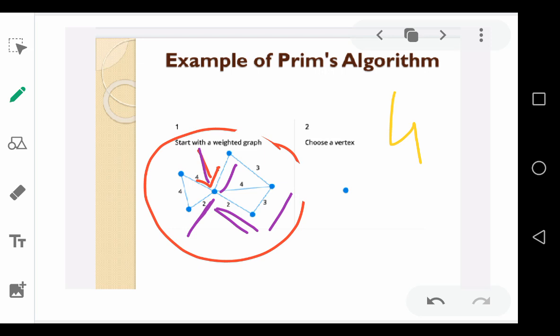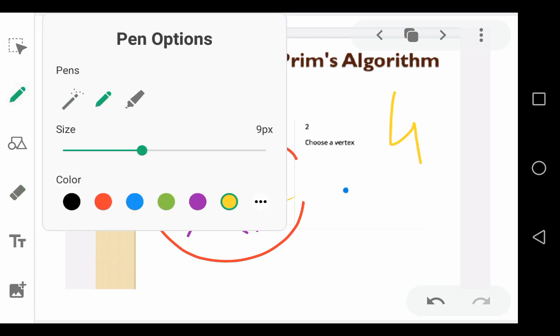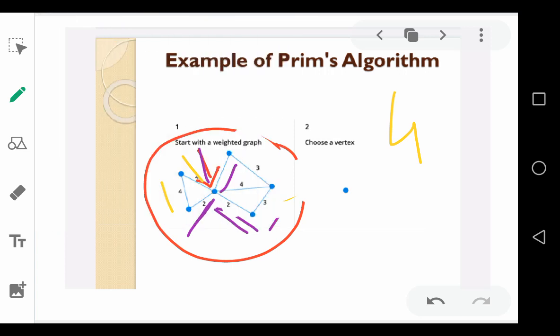So here I can choose this one, this one, or this one. I have to look at which vertices are already covered. These vertices we had already covered, so we are not choosing this edge. We can go for this edge or this edge, any one of them.